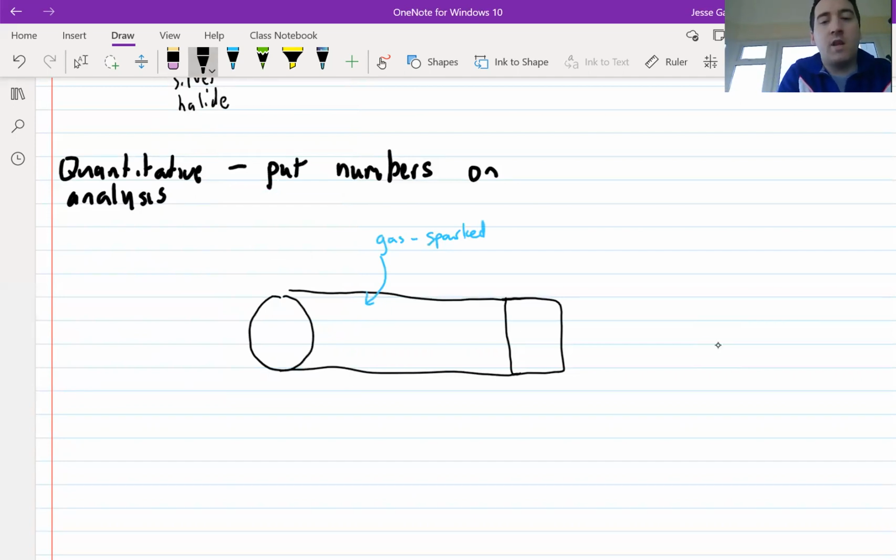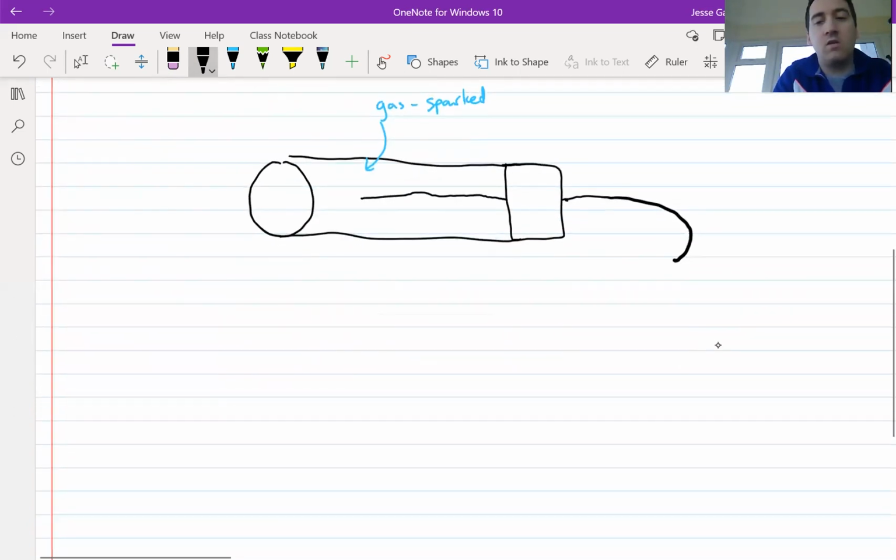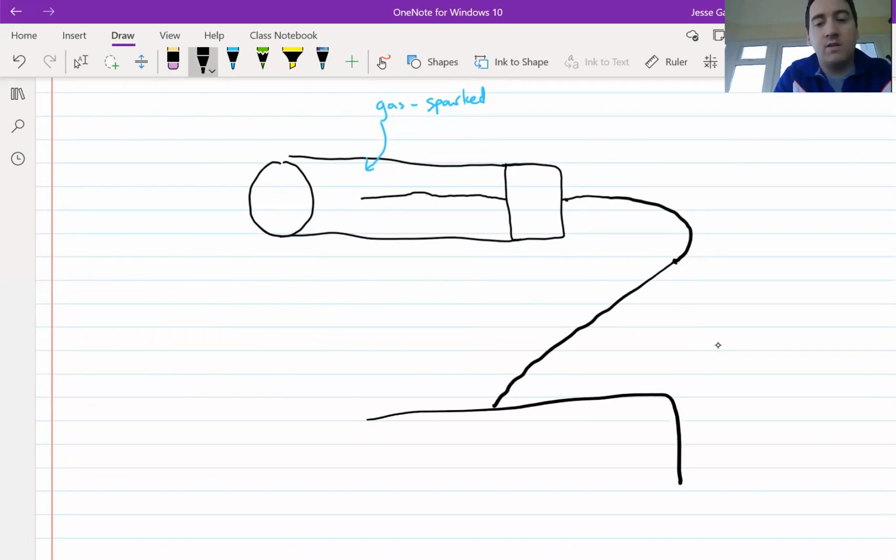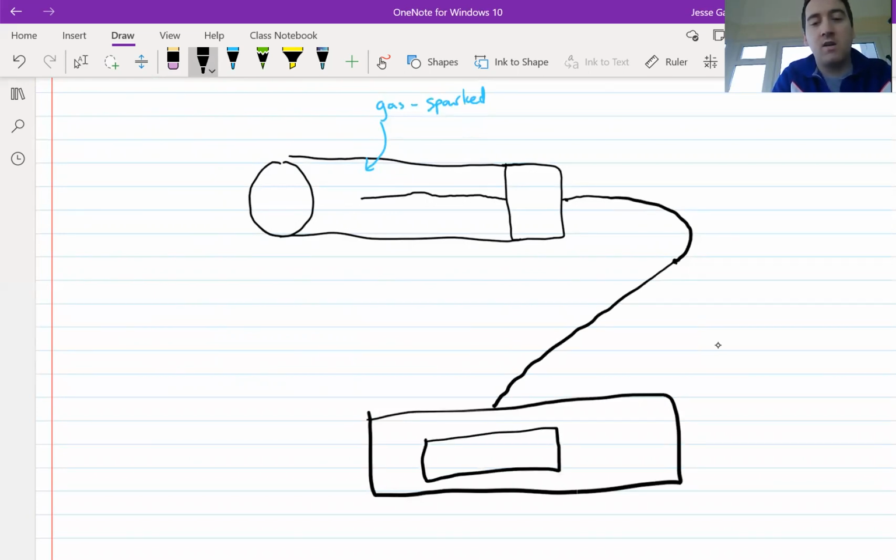They then put in what we call an electrode, which is like a metal rod, connected to a wire that was brought to a device able to count the number of flashes, or the number of sparks. It was able to keep a count of it.